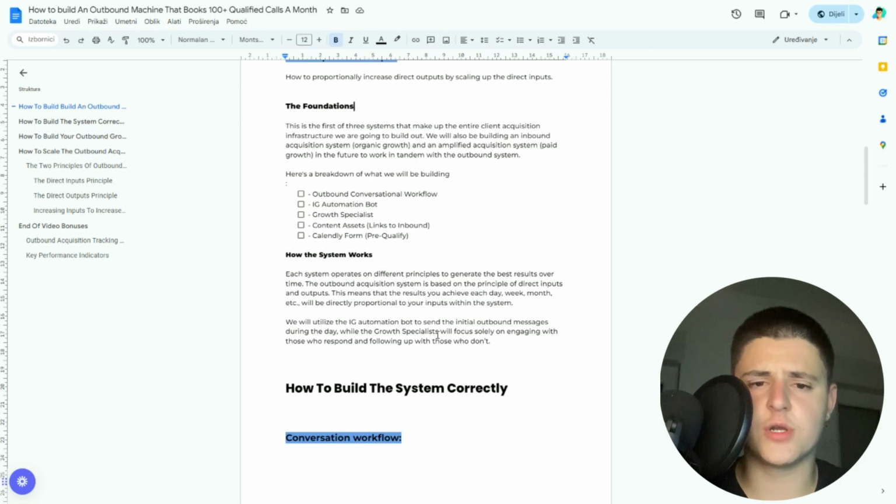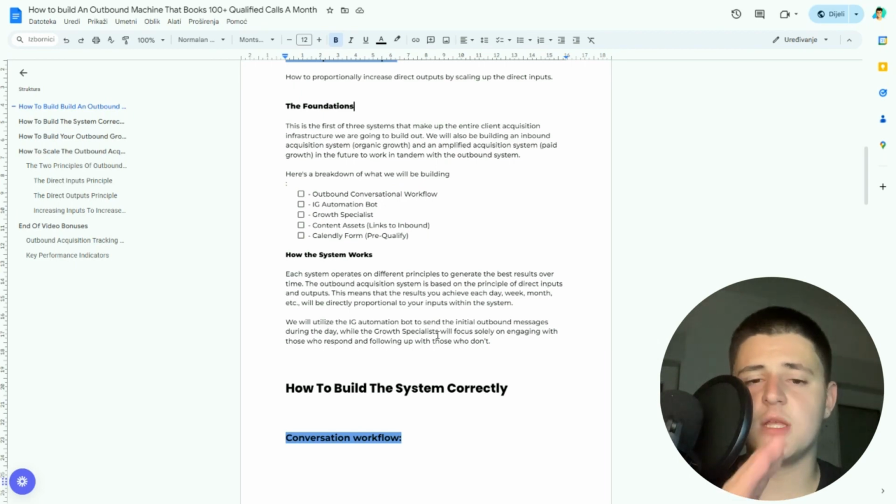How the system works. Each system operates on different principles to generate the best results over time. Outbound acquisition is based on the principle of direct inputs and outputs. This means that the result you achieve each day, week, month will be directly proportional to your inputs into the system.